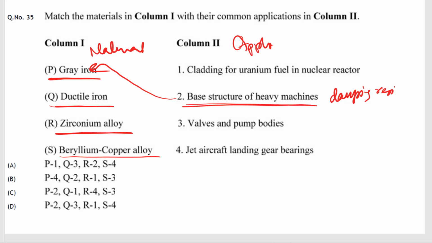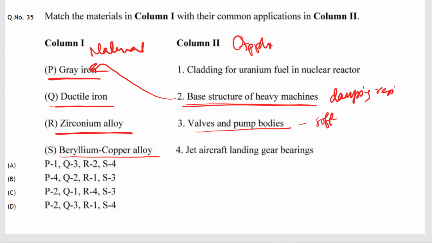Then valves and pump body. If you see the valves and the pumps, then these materials should be somewhat soft, right? Somewhat soft because these valves are very intricate shapes and pump bodies. So we manufacture using extrusion process and other processes like this.